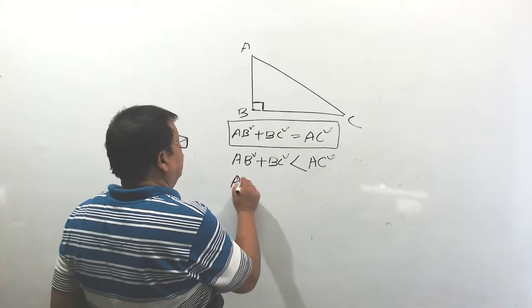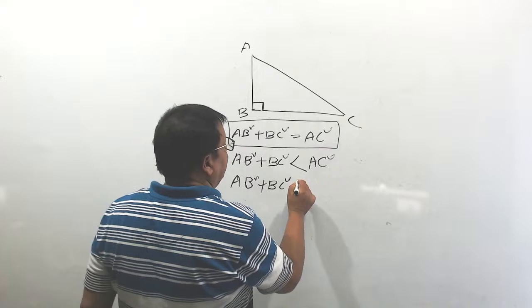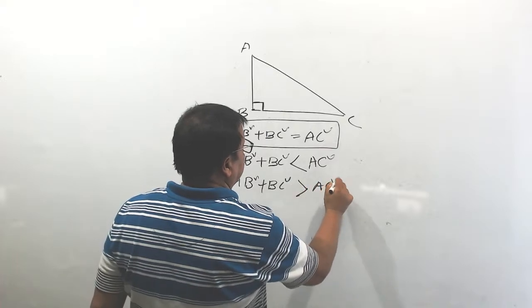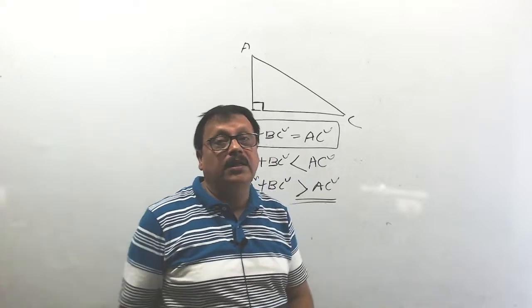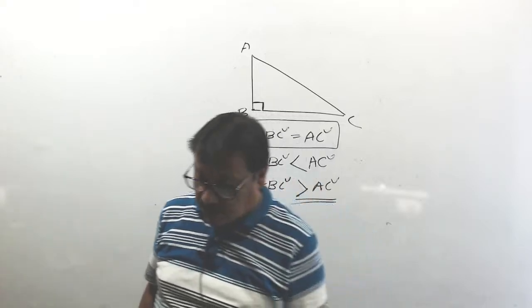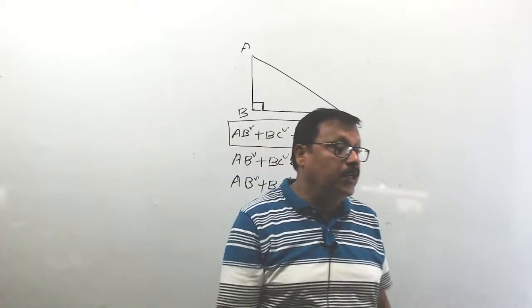If AB square plus BC square is greater than AC square, then the triangle will be an acute angle triangle. Understood? Remember these three relations, very important relations.